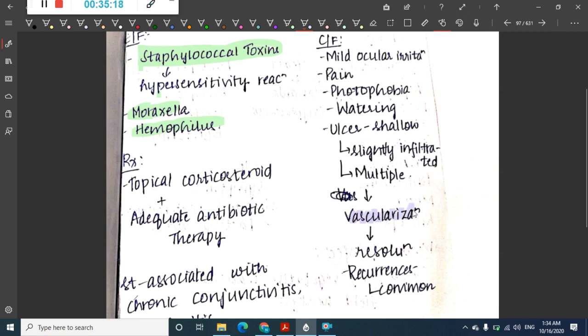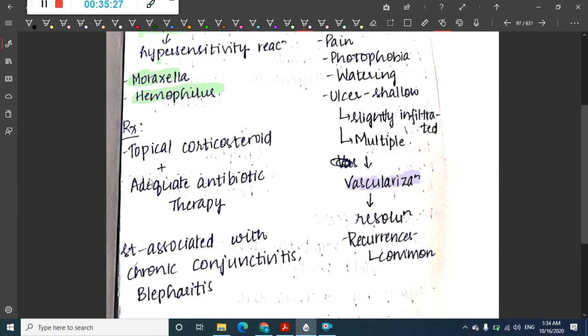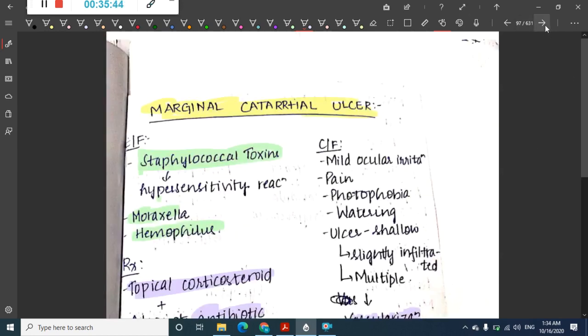If there are multiple marginal ulcers, that can lead to vascularization. Topical corticosteroids are recommended, along with adequate antibiotic therapy. It is associated with chronic conjunctivitis and blepharitis.